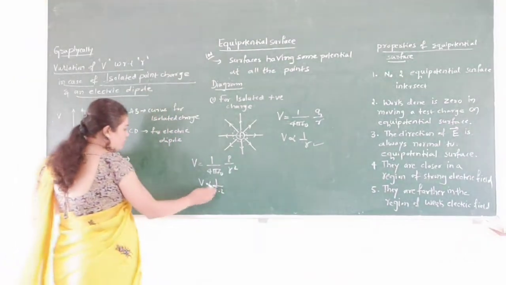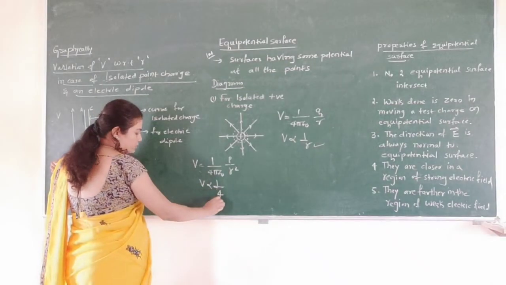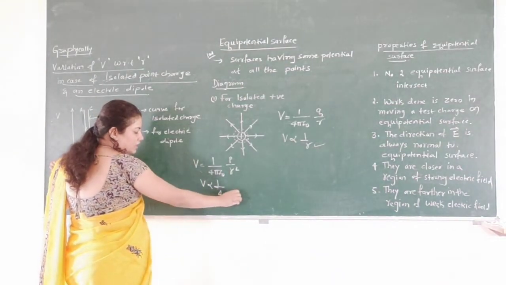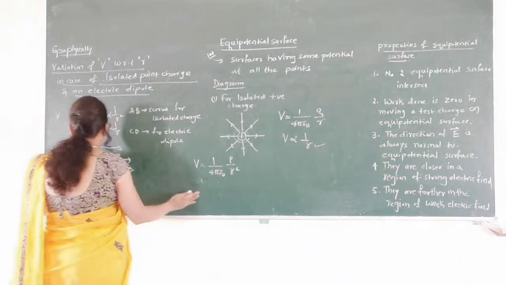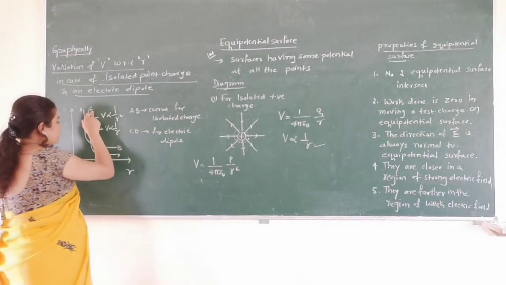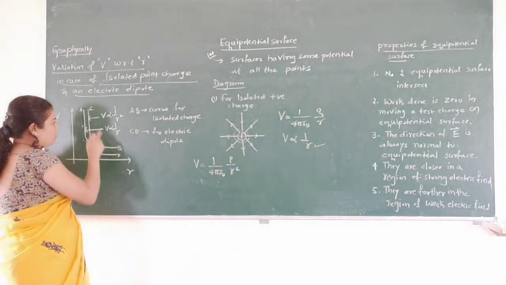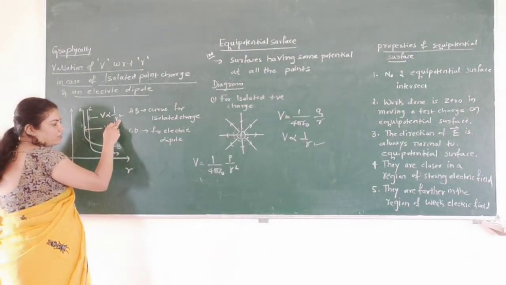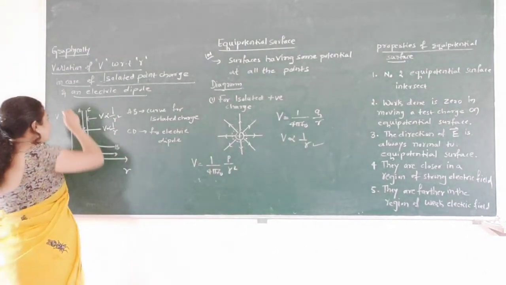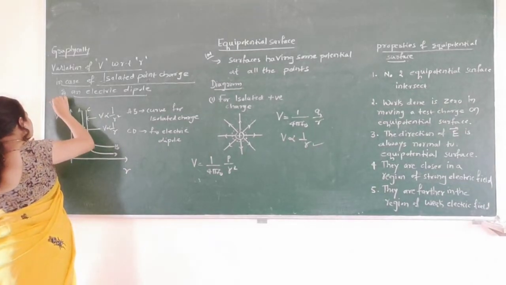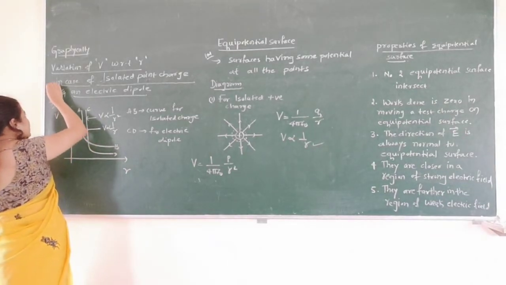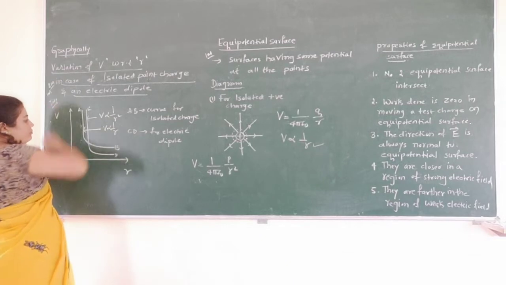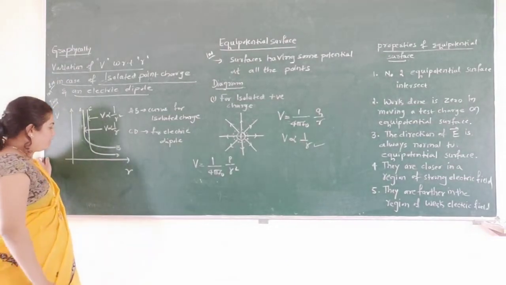For example, 2 square is 4. Again, as R increases, V decreases. In the graph, the CD curve represents the variation of electric potential with respect to R in the case of an electric dipole. Important: you may get this graph for 1 mark or maybe for 2 marks. This is a simple variation.